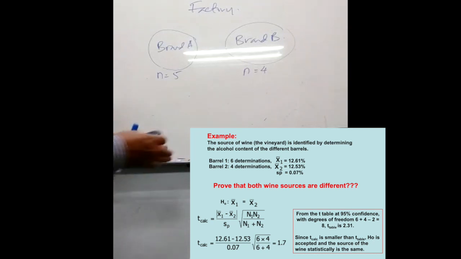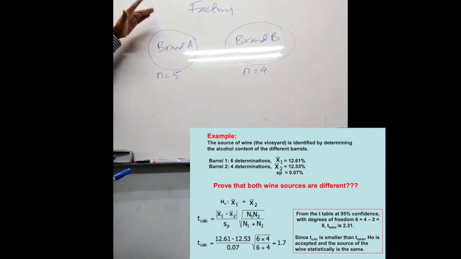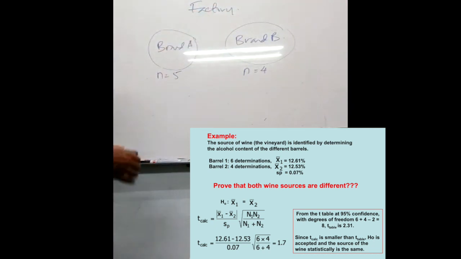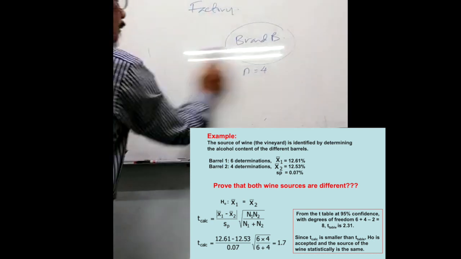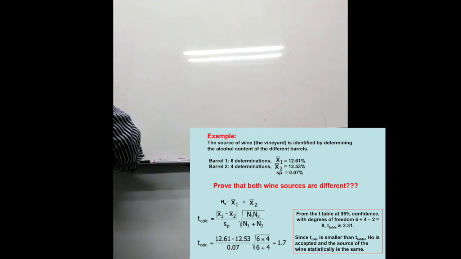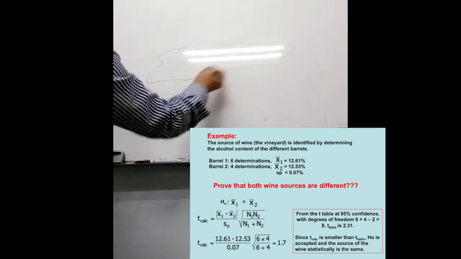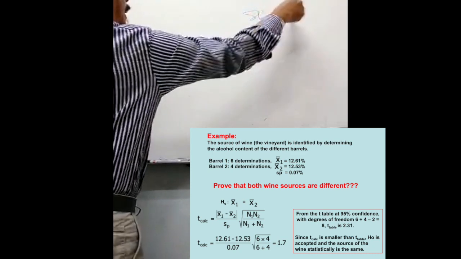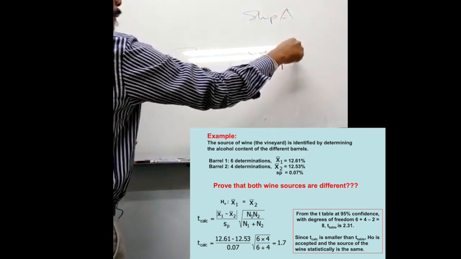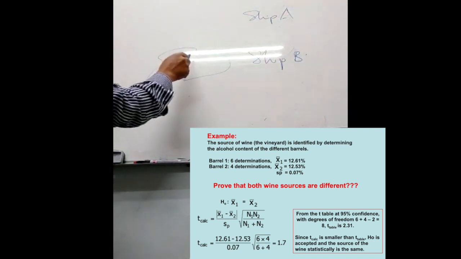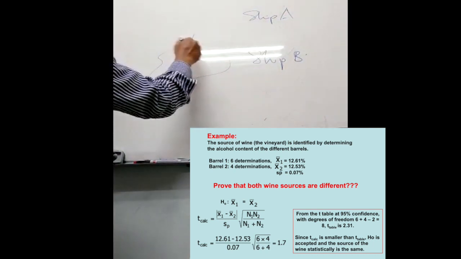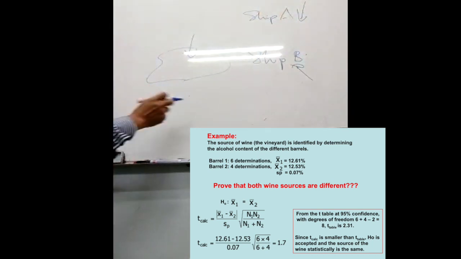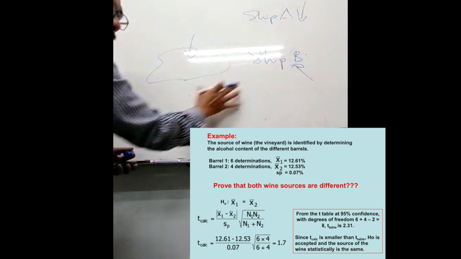When do we use this? Let's say we want to check whether brand A and brand B came from the same factory, or, as I said before, whether the oil spill at the sea came from ship A or ship B. How? We take a sample from here, and from here, and from here, and then we do measurements.